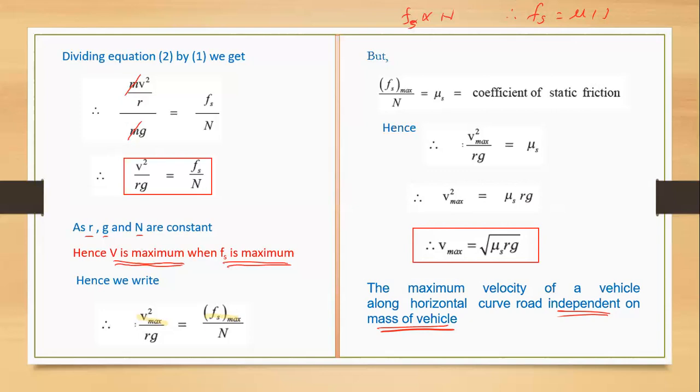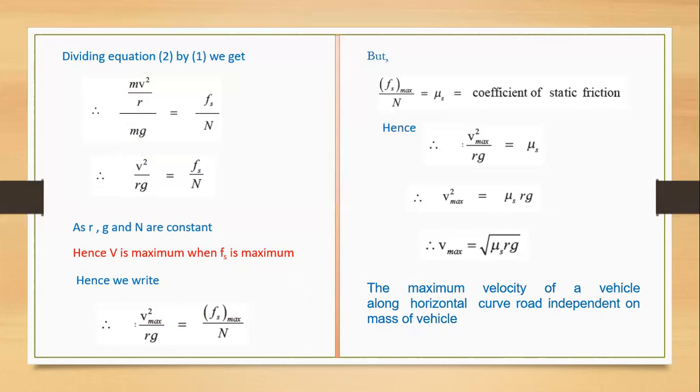You note one thing here, this maximum speed is independent of mass. It is the same for two-wheeler, car, truck, every vehicle. The maximum speed limit formula is the same, and it is independent of the mass of the vehicle. I hope you understood this article.